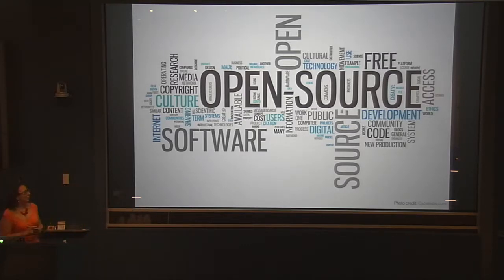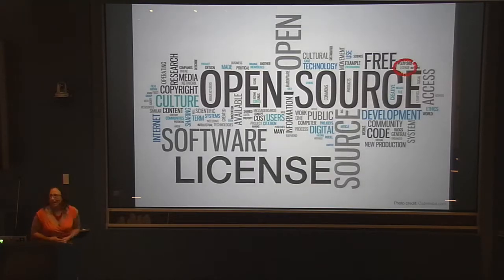So I both loved and hated this Wordle when I found it, because what open source software really is, at its base, is a license. And I was like, where's the word license in here? Let me fix that for you.